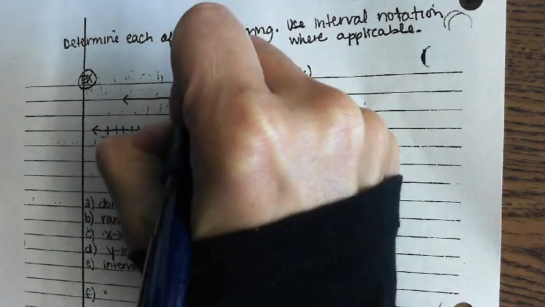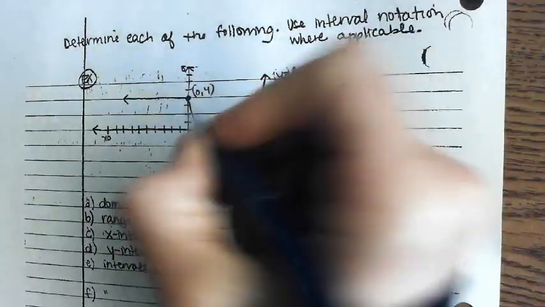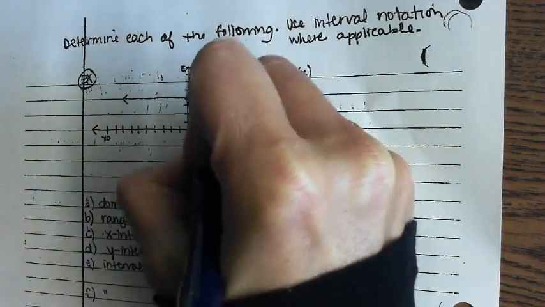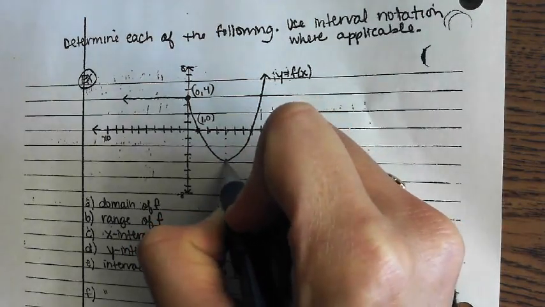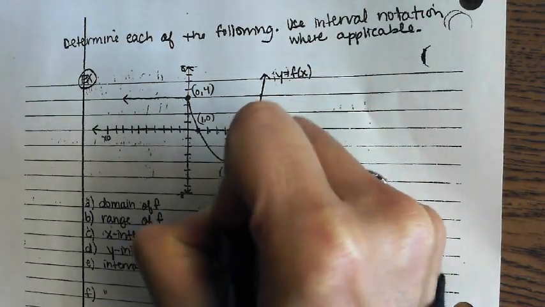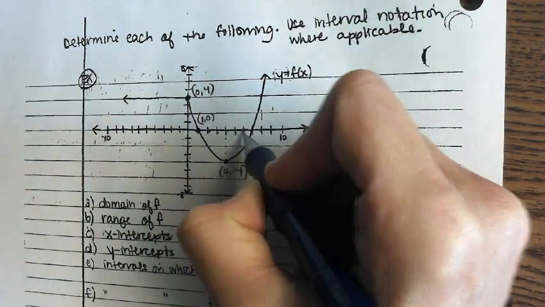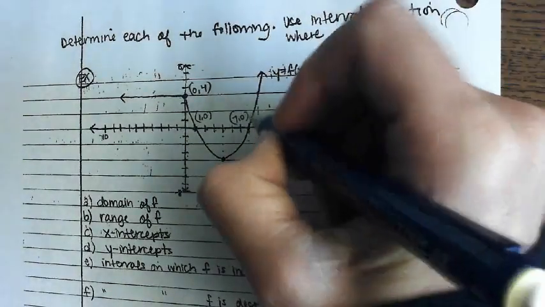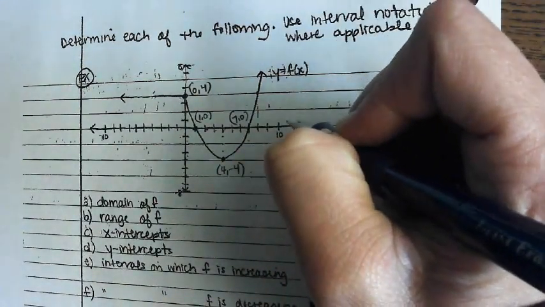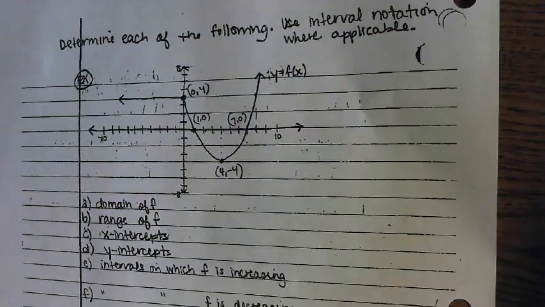This one is 0, 4. This one is 1, 0. This one's 4, negative 4. This one's 7, 0. And I think that's all you need.